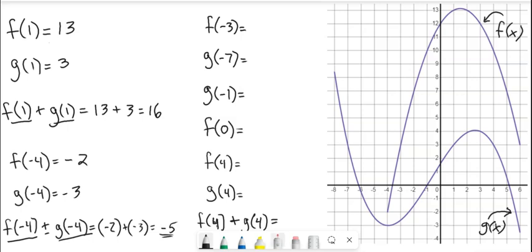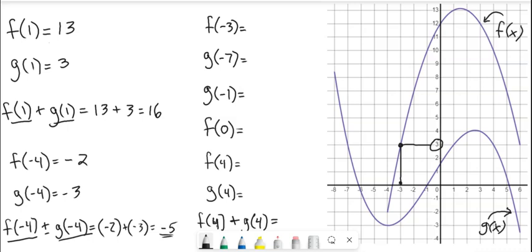Now, what is f of negative 3? We want to go to where negative 3 is, and go from negative 3 up to the f curve, which is right here. Let me draw this in. Here's negative 3, and then we go up to the f curve, and we go over, and we can see that f of negative 3 is equal to 3.